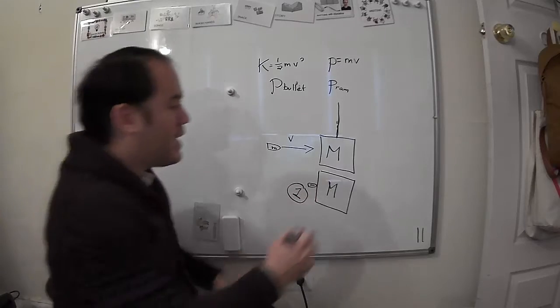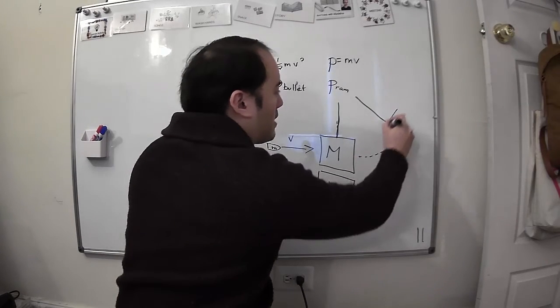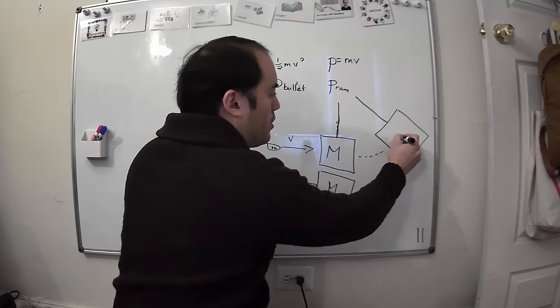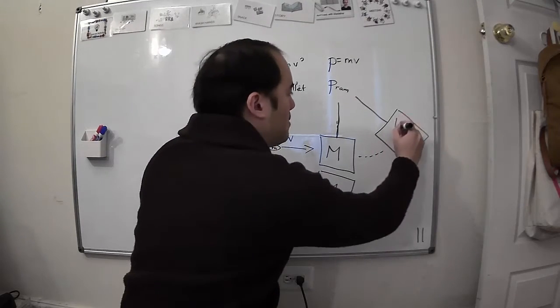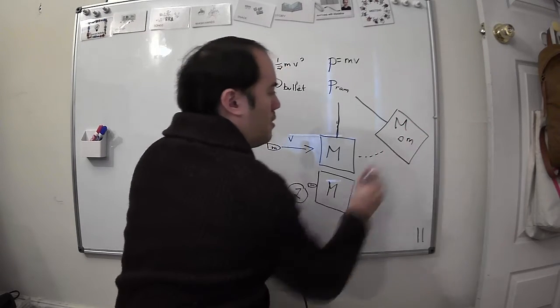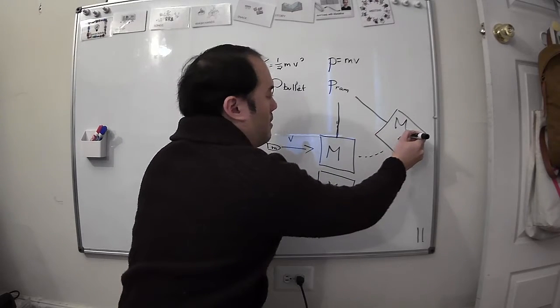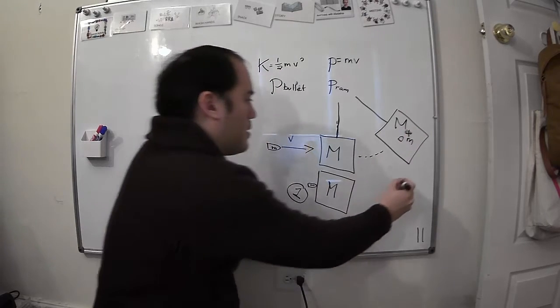Then, after they collide, they swing up into the air. The block swings up with the bullet inside it. So of course the mass is M plus m. That's part two.